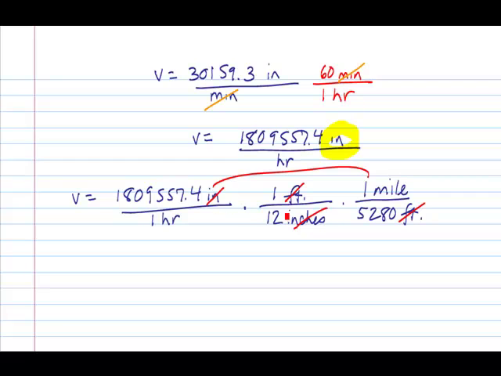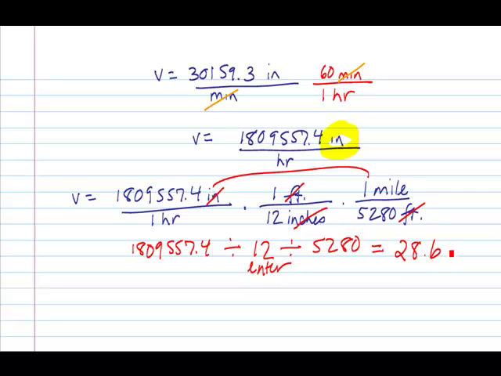Now what we're actually going to be doing with these numbers is taking this number and dividing by 12, and then if you break it into 2 steps, if you hit enter on your calculator at this point and then divide by 5,280, you'll get your correct answer. Since we're using calculators, I think that's probably the most efficient way to go about this.